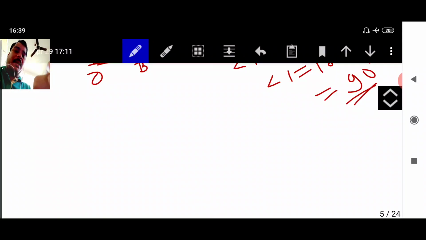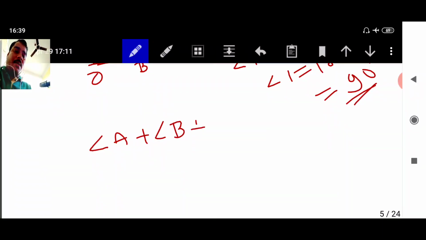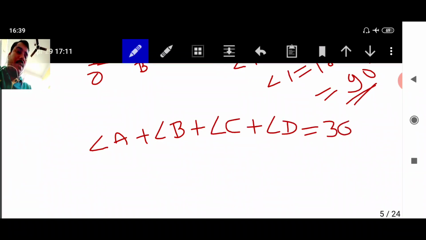Angle A plus angle B plus angle C plus angle D will be 360. Why? Because of the angle sum property of a quadrilateral.